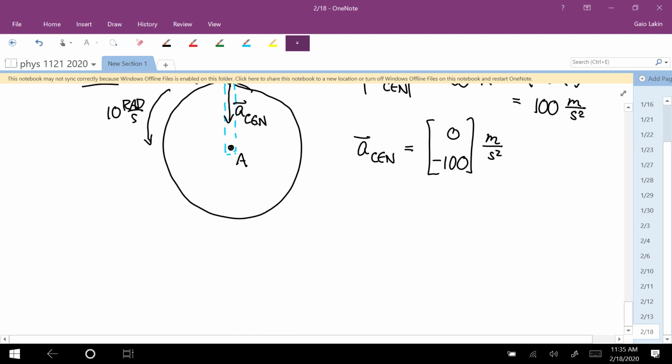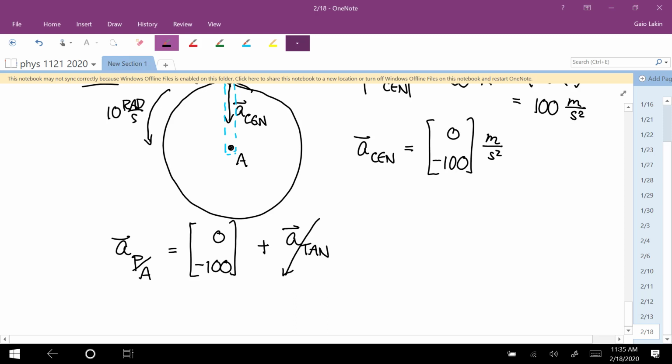There's no tangential acceleration. So the acceleration of P relative to A is 0, negative 100, plus the tangential acceleration, which is 0. So you just get 0, negative 100.